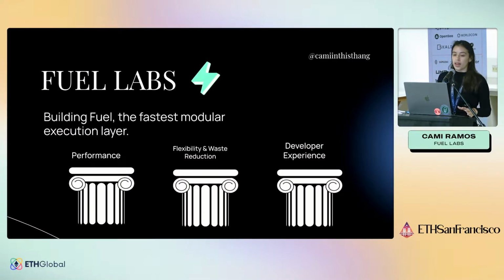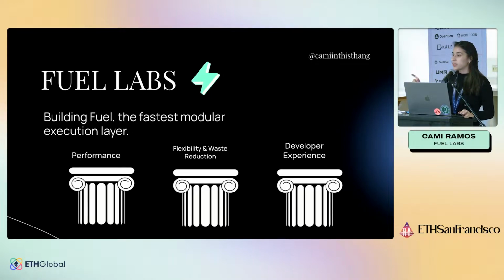Okay, so Fuel Labs, that's the organization that I work at. We're building Fuel, and I like to nickname it a layer two, but better. But the official term that we use is a modular execution layer. What that means is that instead of it being just a layer two in the sense of a roll up or a sidechain or whatever different types of layer twos there are, it's an execution layer that can be plugged in.